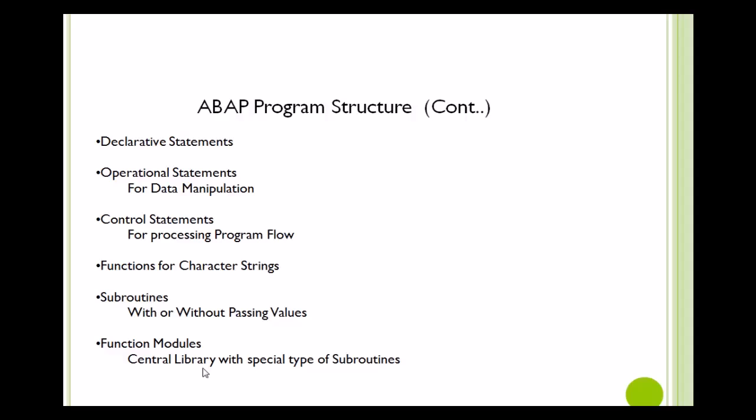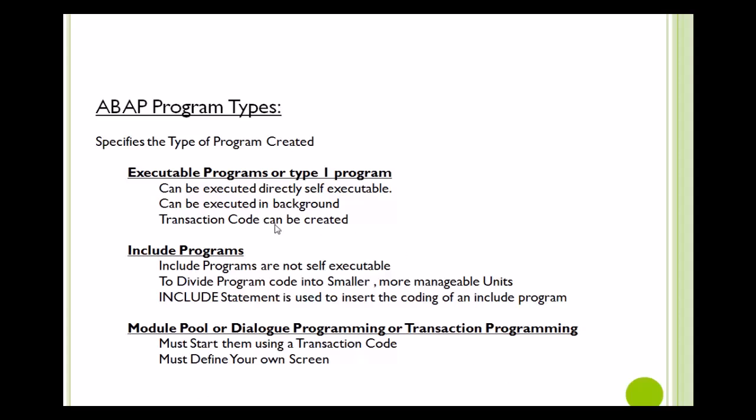Before that, you can search for any function that is already available, predefined and built, so why not use that function module? We can call it and use it. We'll learn in depth at this topic level.